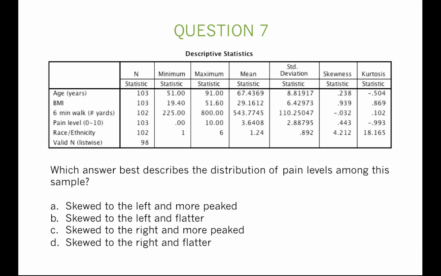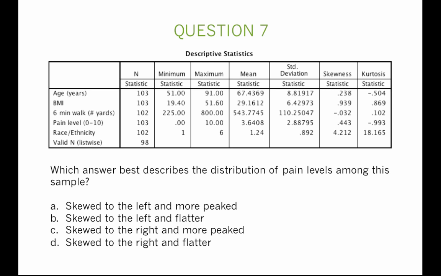We have 5 variables: age, BMI, 6-minute walk, pain level, and race ethnicity. So to answer this question, which answer best describes the distribution of pain levels among this sample? Well, let's look at pain levels. This is our fourth variable.